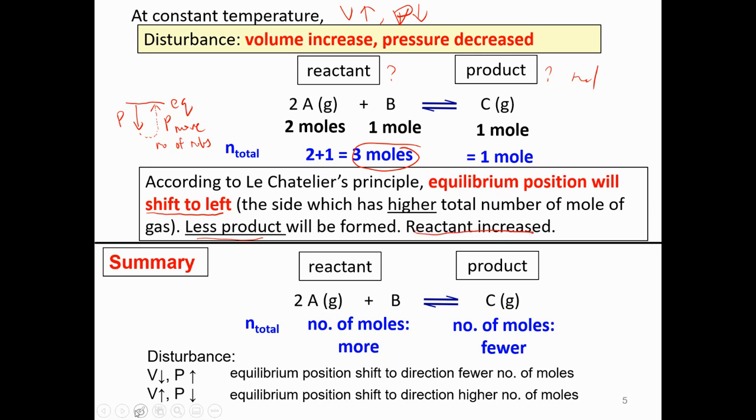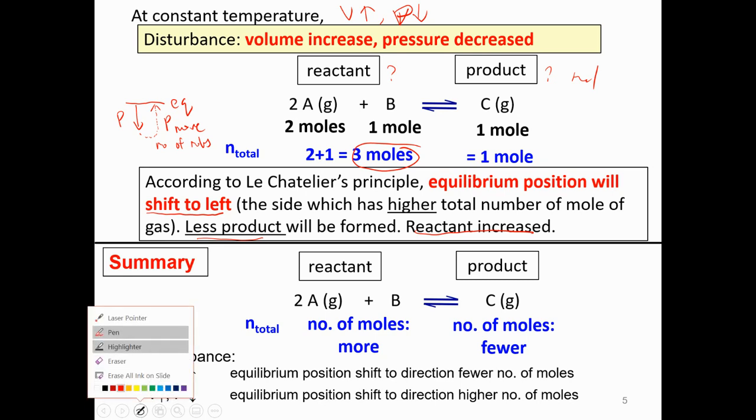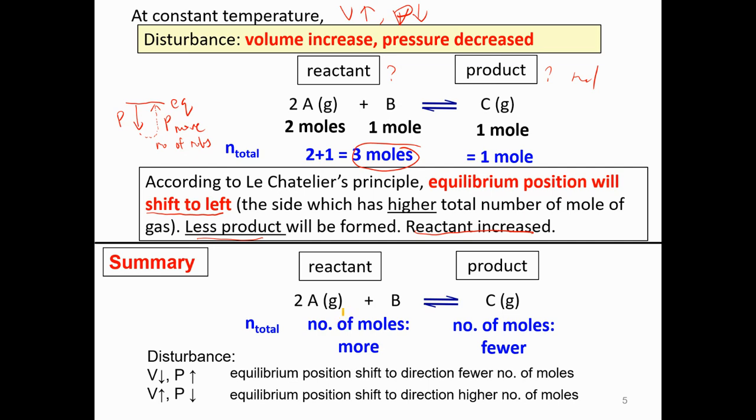As a summary for pressure: if volume decreases, pressure increases, and the equilibrium position shifts in the direction of fewer number of moles. I didn't say it's to the left or to the right. It's pressure increases, shift to fewer number of moles.